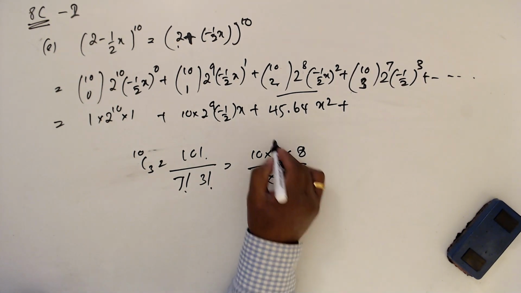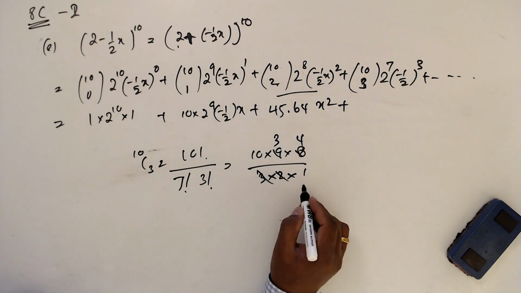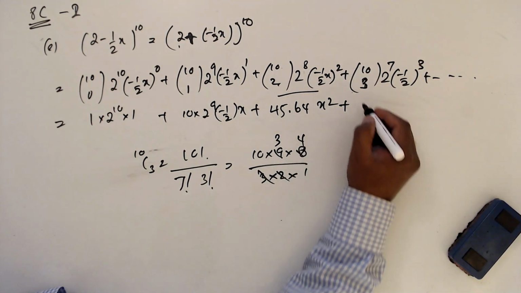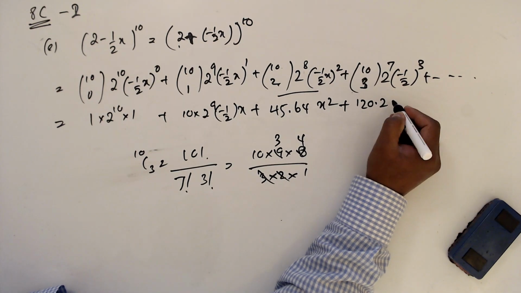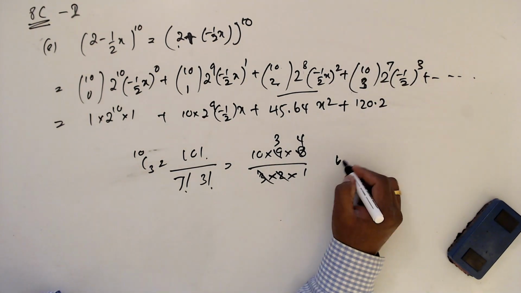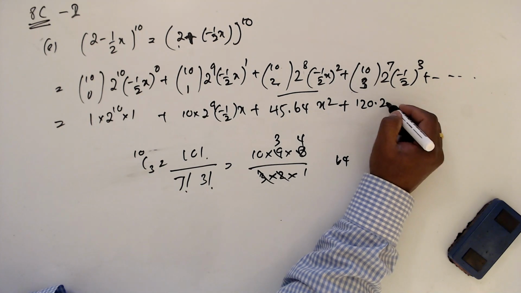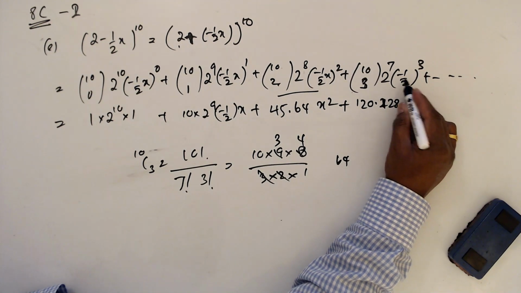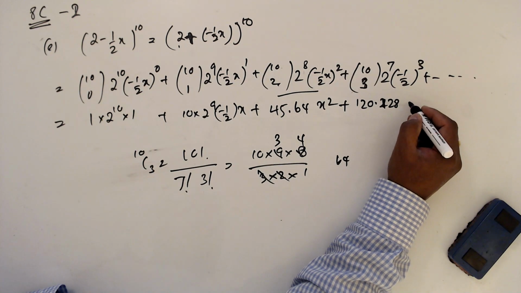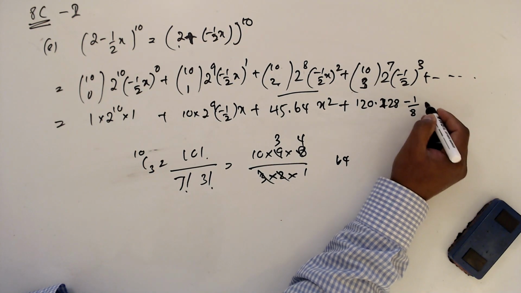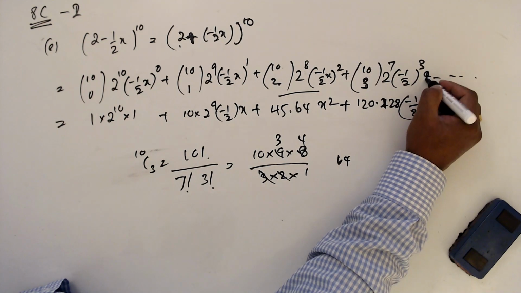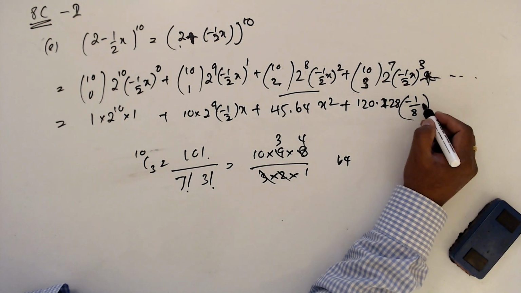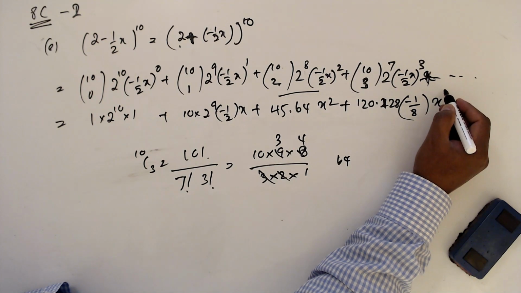So this is 120. 120 times 2 to the power 7, which is 128, times minus half cubed times x cube.